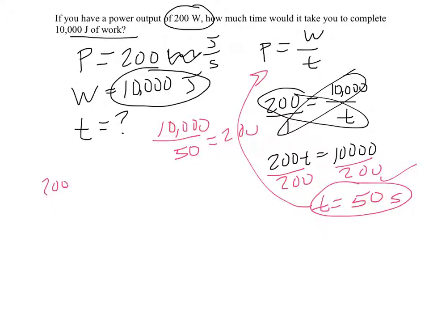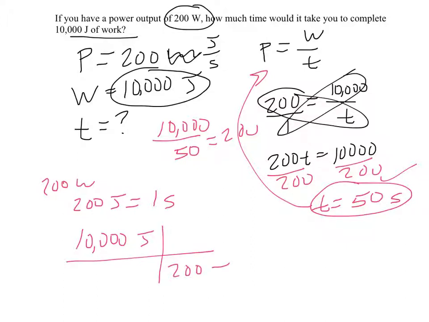If you know that 200 watts is the same as saying 200 joules per second, you can say 200 joules equals 1 second. You can say, I have 10,000 joules of work to do. Therefore, 200 joules cancels, and 1 second is on top. And when we do it that way, you also get 50 seconds. So 2 different ways to go about that.